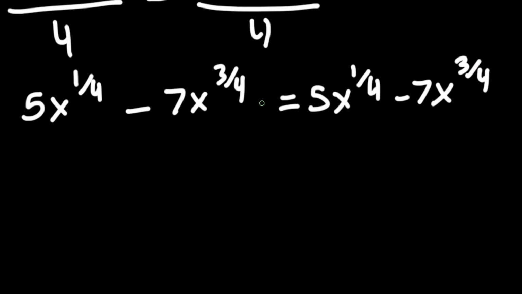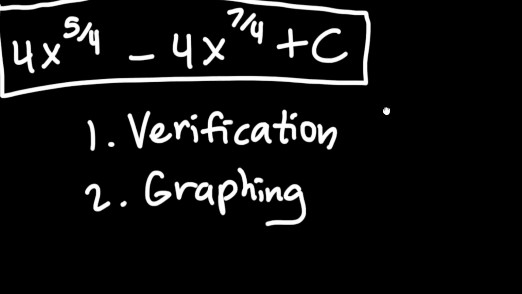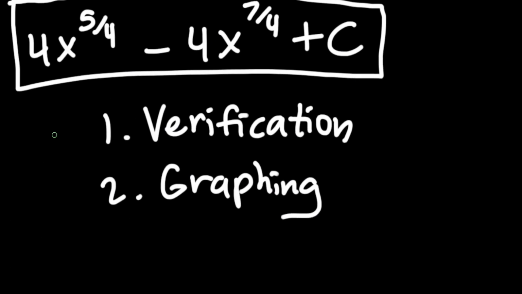Since this is an equation, the left hand side and the right hand side must be equal. So in this case, this statement is true because they are equal. Now that we have done verifying, now proceed to graphing.